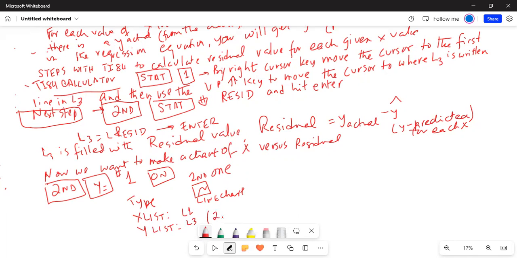How do you do that? Second button and then 3 button. So change the type first to the second type of chart, put the cursor on it and hit enter, and then change the Y list to L3 by second and 3.